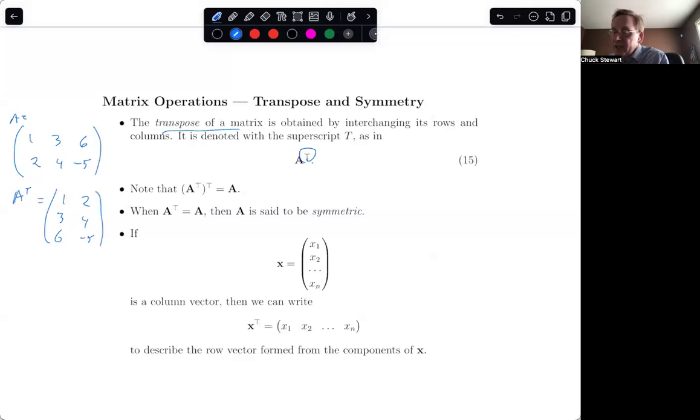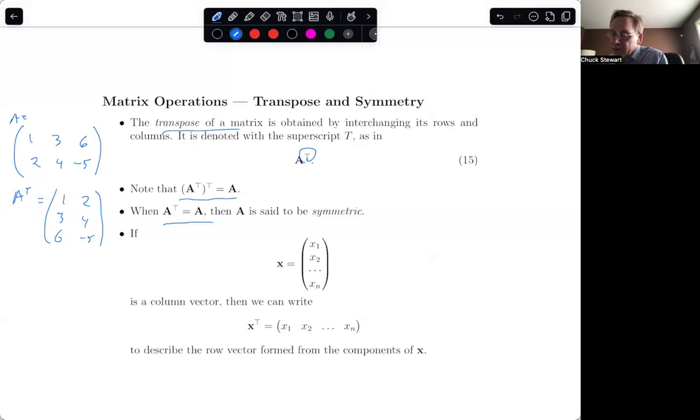And so A is 3 by 2, and A transpose is 2 by 3. And clearly, the transpose of the transpose gives us the matrix back. And when A transpose is equal to A, then A is said to be symmetric.